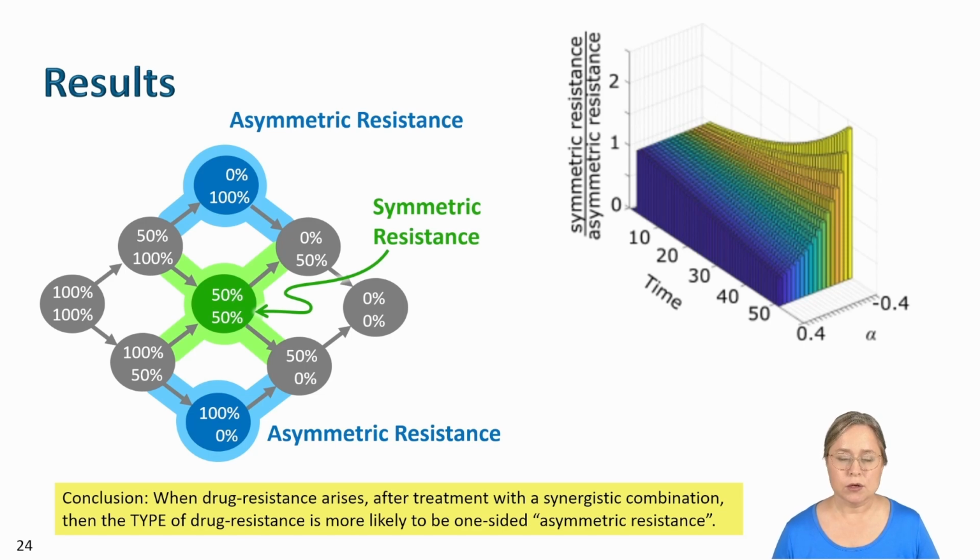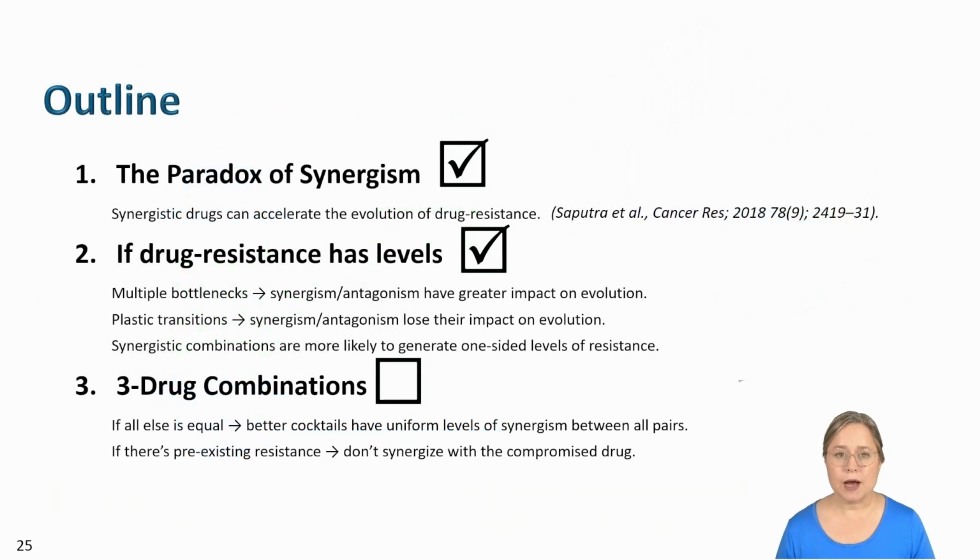So that means when resistance arises after treatment with a combination therapy, if the combination was synergistic, then the most likely resistance will be against one drug more than the other. Whereas if the combination treatment was additive or non-synergistic, then the escape path was more likely to be green, where both drugs are compromised. So now I've shown how gradations and granularity of drug resistance affect the evolutionary outcomes.